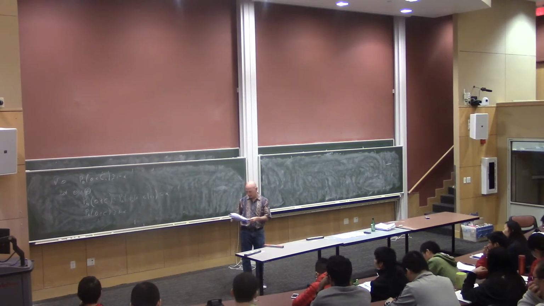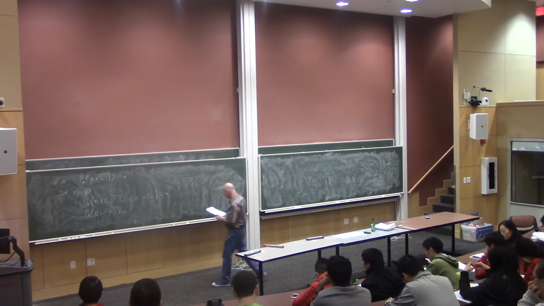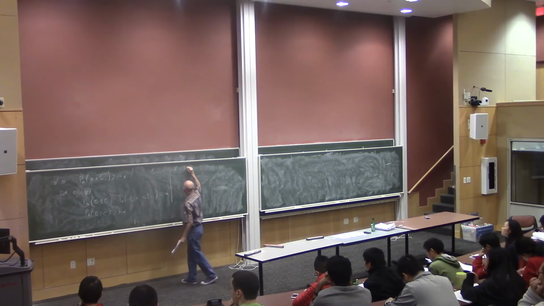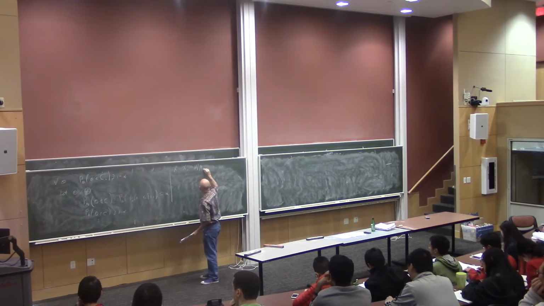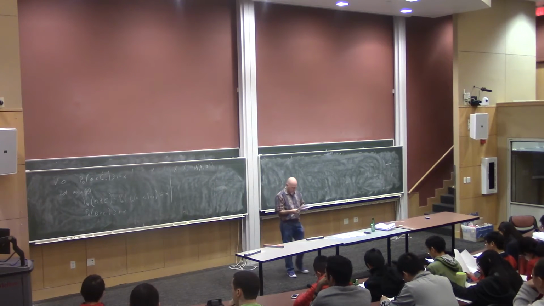All right, let's just revisit the normal example, which we started with, but now we're going to do it from this point of view. So we had a normal with sigma squared known.